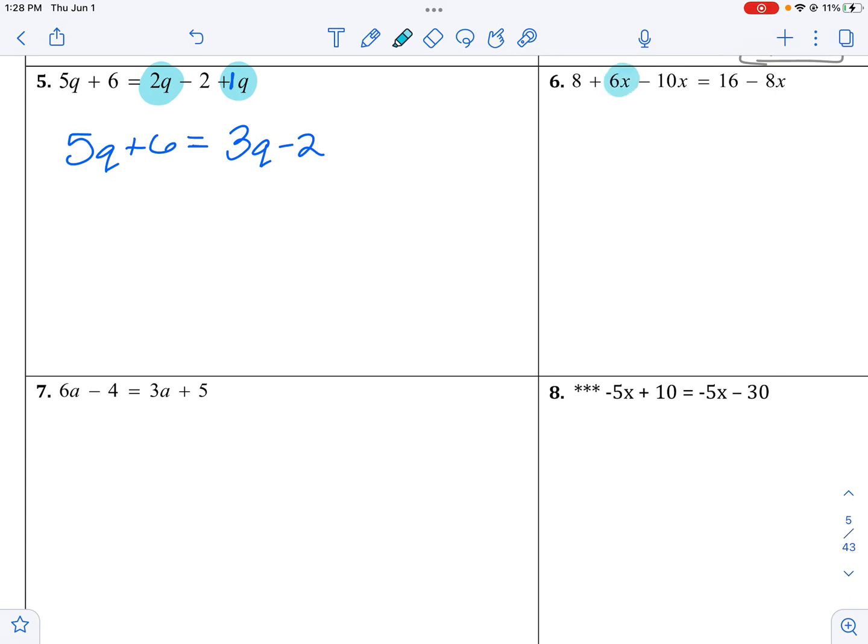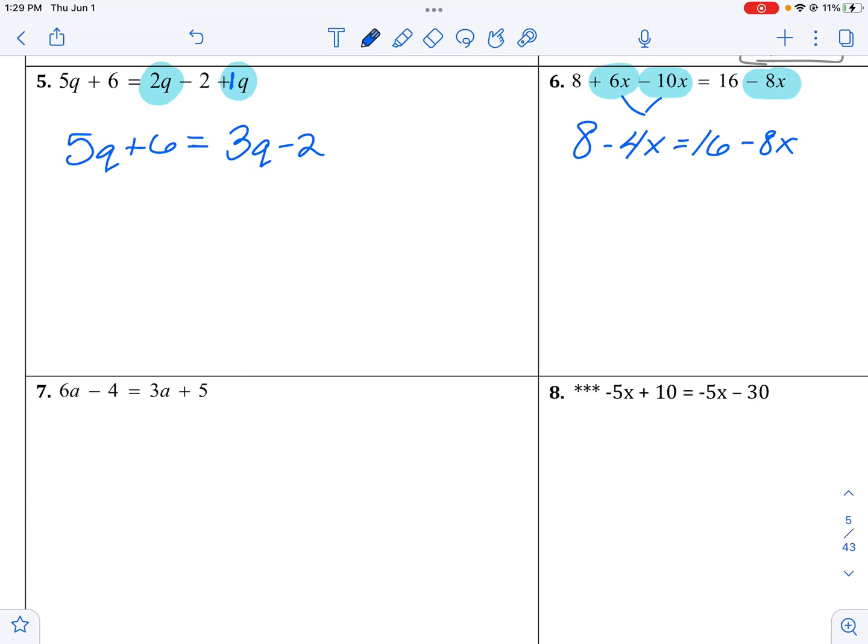Same thing on number 6, I've got a positive 6 minus 10. So I have to combine these, just add them up, or 6 minus 10. So you get 8 minus 4x equals 16 minus 8x.